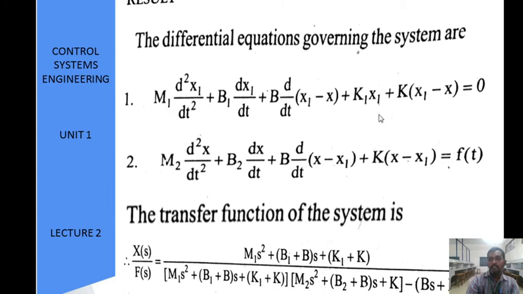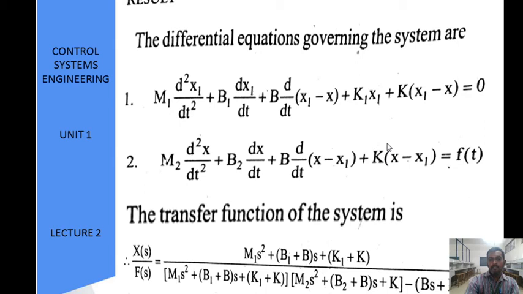And the result: we need to find the differential equations, and then we need to find the Laplace transform of those differential equations. Here the differential equations are m1 d square x1 by dt square, b1 dx1 by dt plus b into d by dt of (x1 minus x) plus k1 x1 plus k into (x1 minus x) is equal to 0. This is one differential equation, and this is another differential equation.